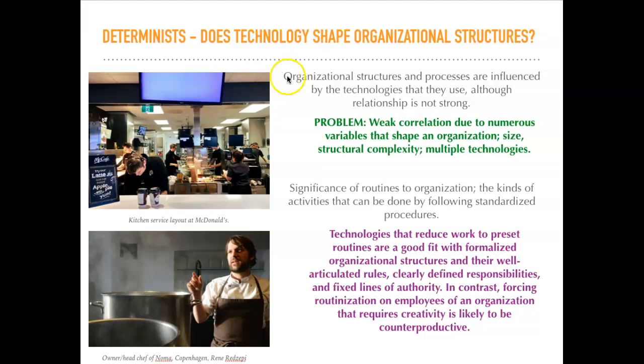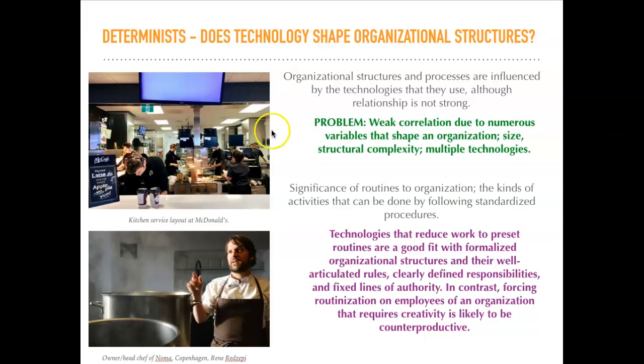So the central problem with using determinism here to make any particular arguments about how technology shapes organizational structures is that it's really at best a weak correlation, just because there are so many variables to take into consideration. So things like the size of the organization, the structural complexity of the organization, as well as how many technologies and what kinds of technologies are being used.